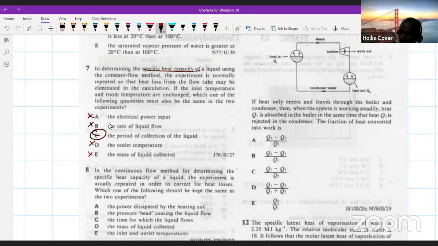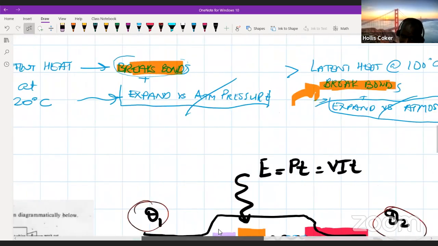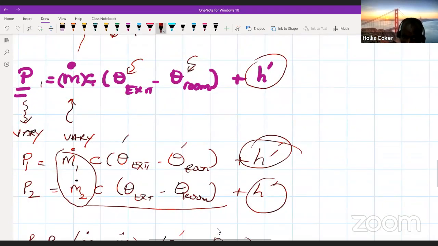Oh gosh, no. The answer has to be D, because I said that if the inlet temperature and the room temperature are unchanged, which one of the following quantities must also be the same? The outlet temperature, we said that. We said that must be the same. Okay, let's just go across and take a look. In order to compare, all these must be the same.